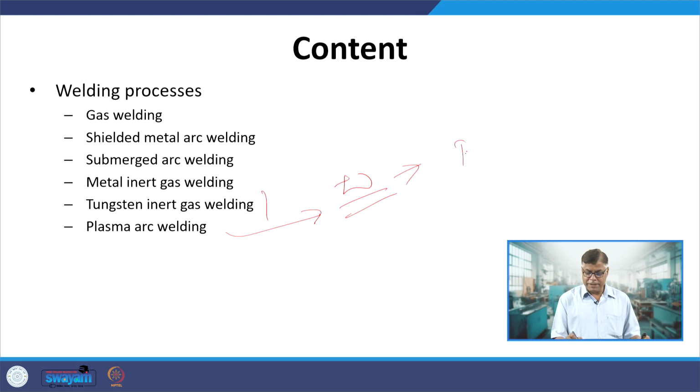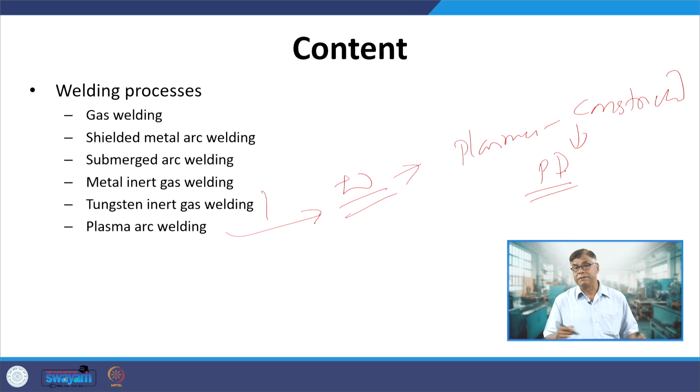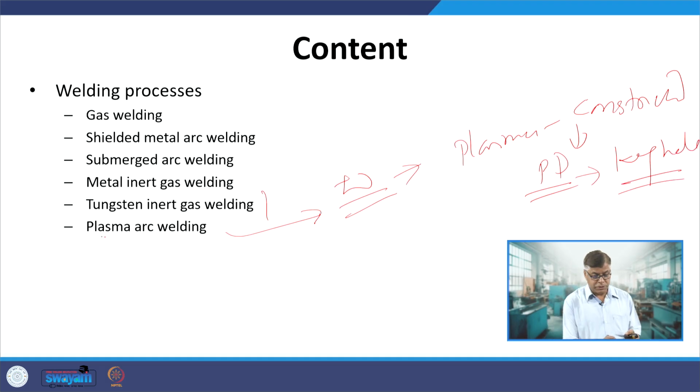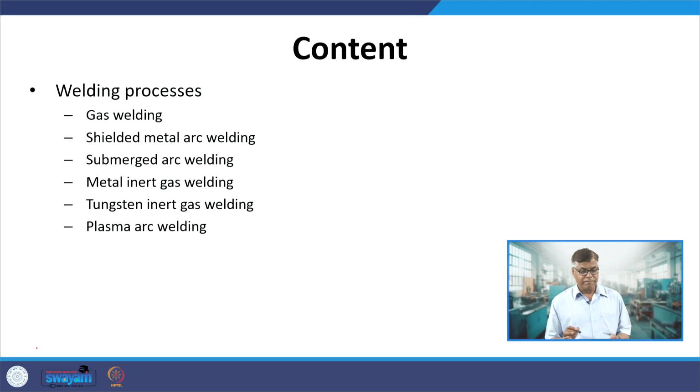So, plasma is constricted in this process for increasing the power density associated with this welding process, and that helps in realizing through thickness penetration of thicker sections using the keyhole approach. So, the higher power density associated with plasma arc welding allows keyholing. This is the brief introduction of all these welding processes.